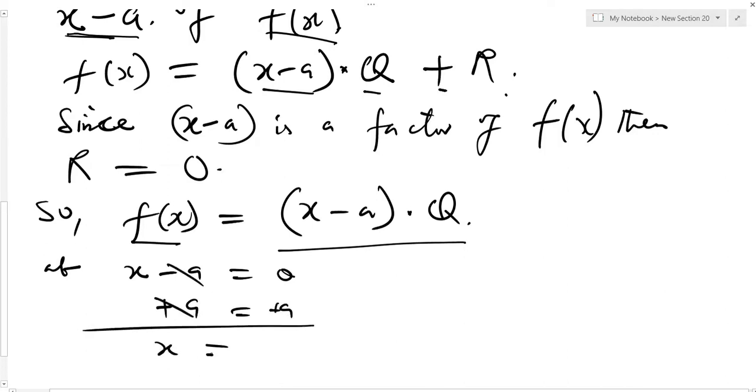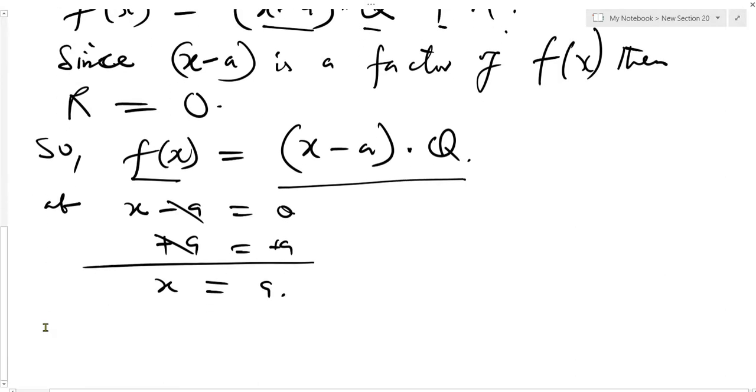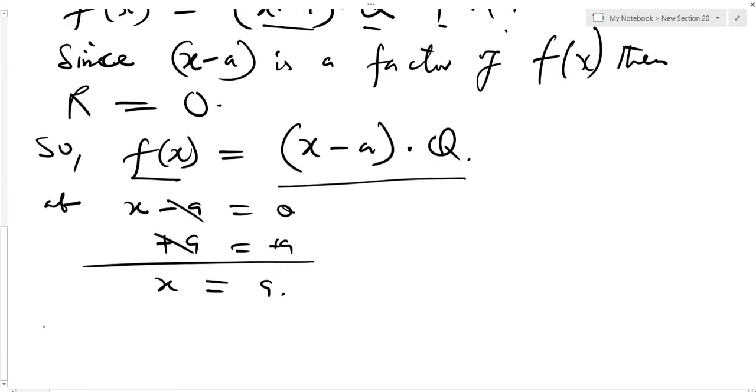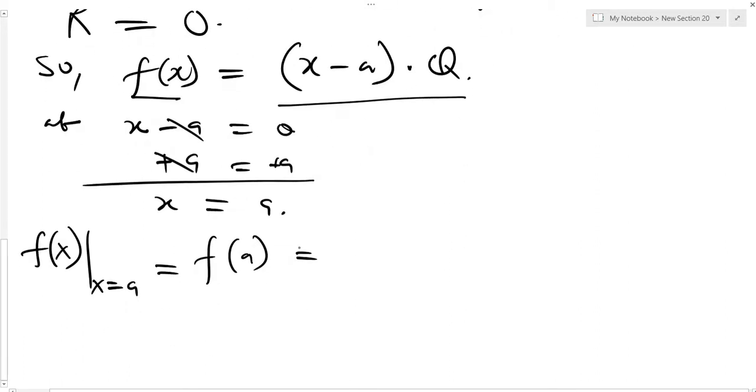You have x is equal to a. So at x equal to a, f of x at x equal to a, which is equal to f of a, is equal to 0.